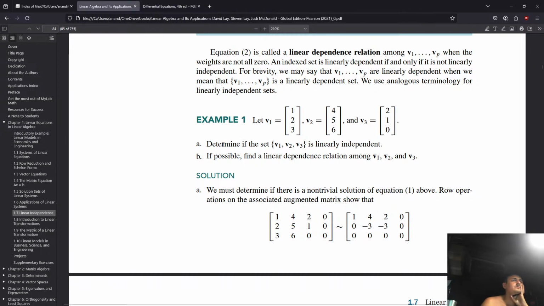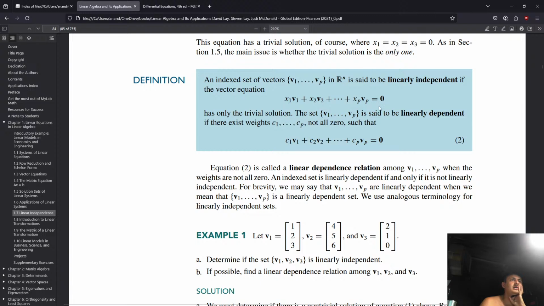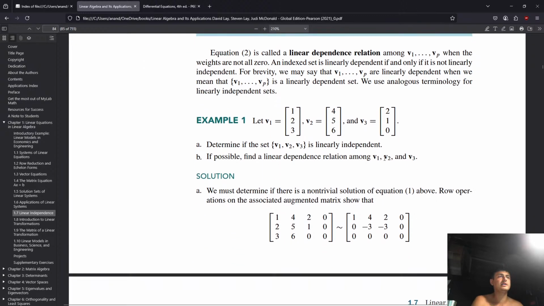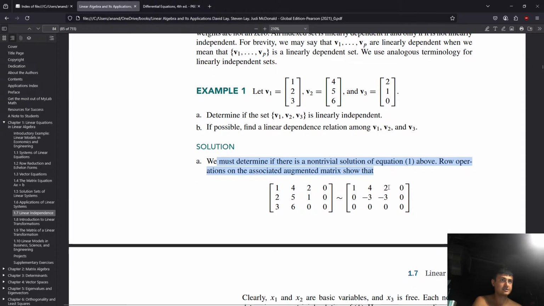The fastest way is not to try to find the weights directly; we should just do row reduction. So we do row reduction to find that there is a free variable for x3.